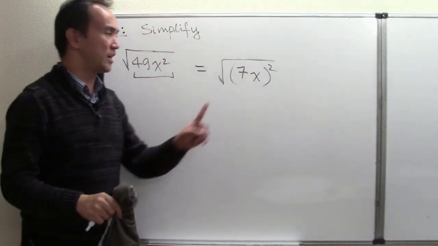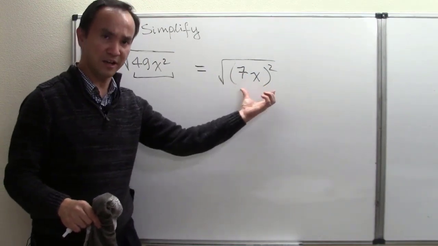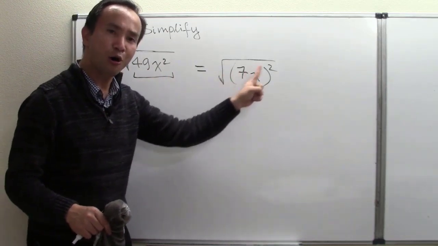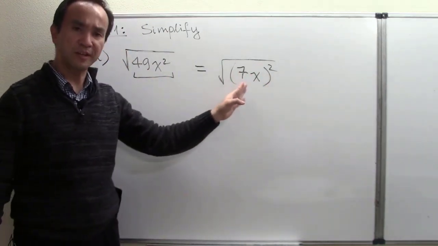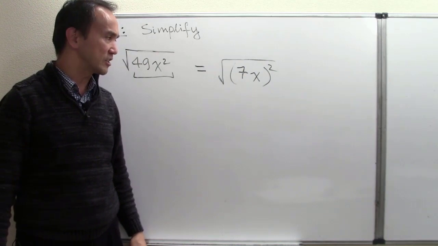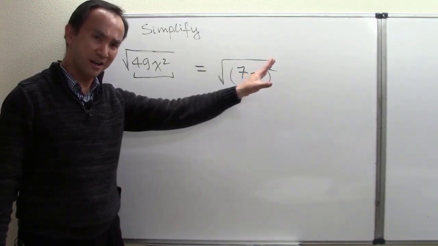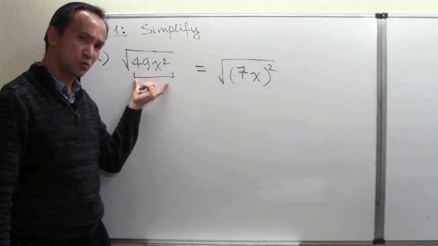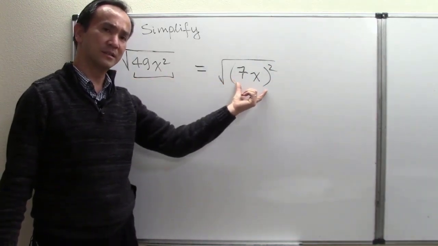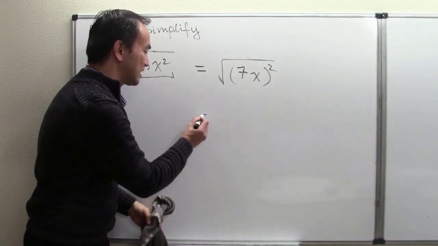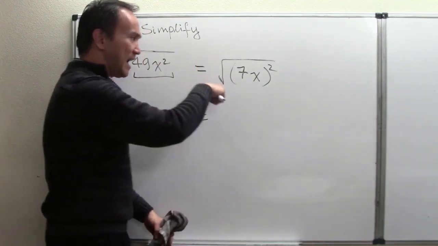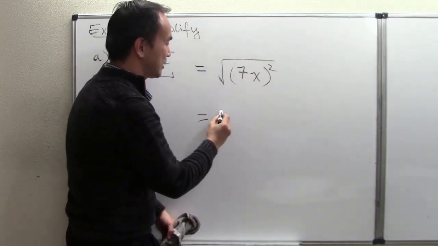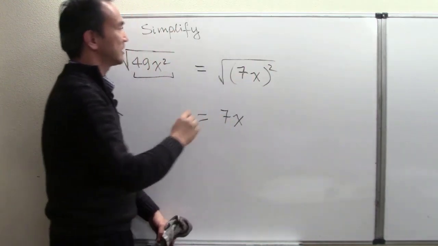Your understanding from the previous class can help explain why I go from 49x squared to 7x all squared. Now I have expressed the expression inside the square root as a perfect square, so the final answer after taking the square root of a perfect square will give me simply 7x.